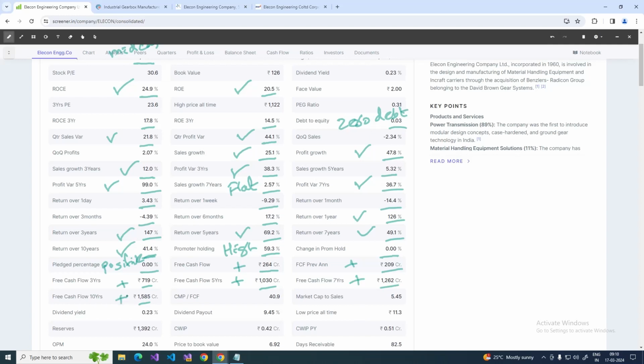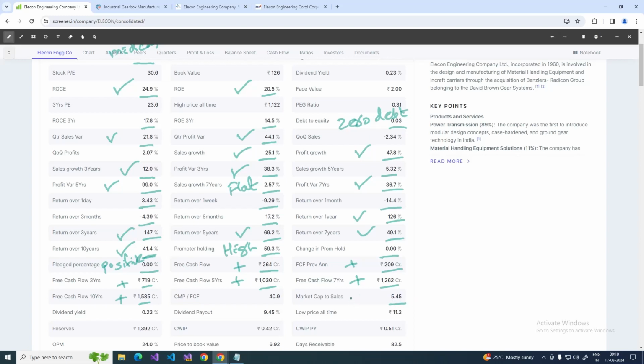If you observe free cash flows throughout all the years up to 10 years, free cash flows are positive. So that means they are spending for dividends and also capital expenditure, still they have free cash flows. This is a positive sign.